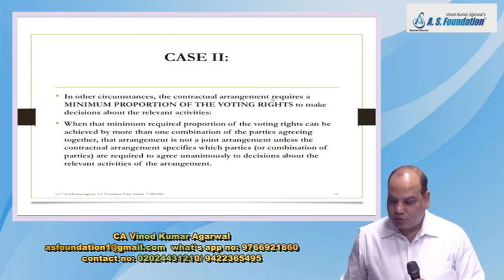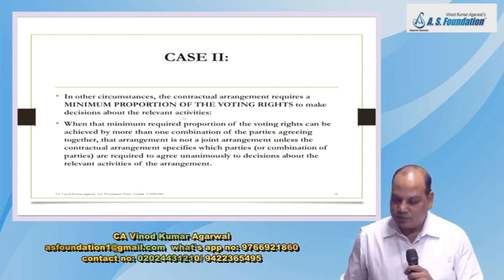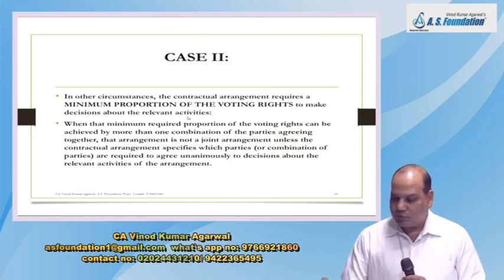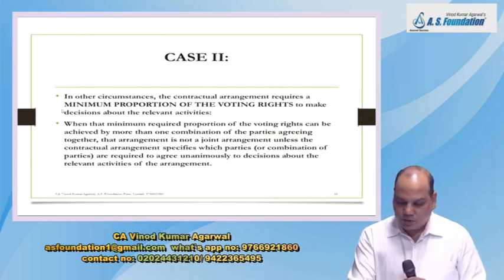the contractual agreement requires a minimum proportion of the voting rights to make decisions about the relevant activities. Now here also one has to see how the arrangement will be made.